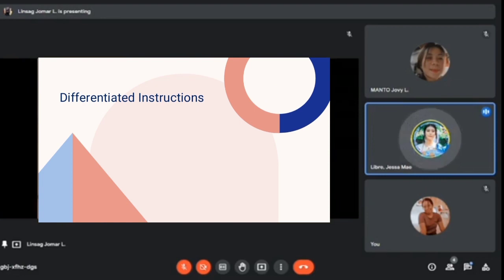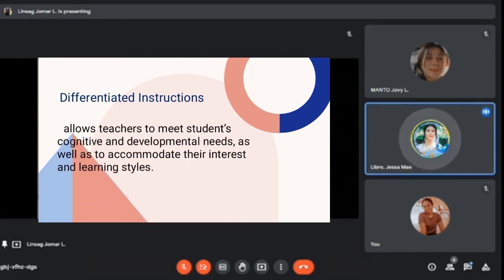differentiated instruction. Differentiated instruction allows teachers to meet students' cognitive and developmental needs as well as to accommodate their interest and learning style.